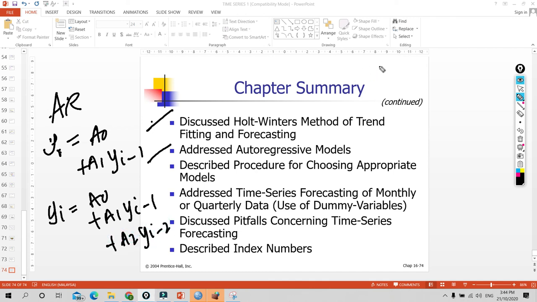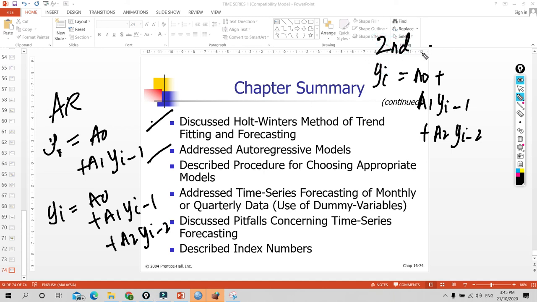And the third order is yi equal to a naught plus a1 yi minus 1 plus a2 yi minus 2 plus a3 yi minus 3.